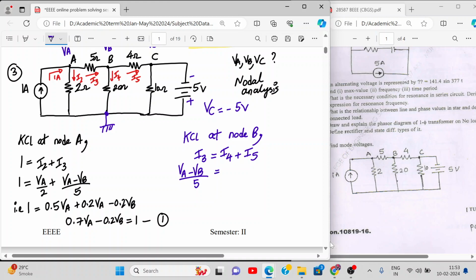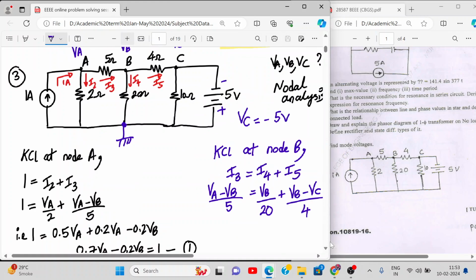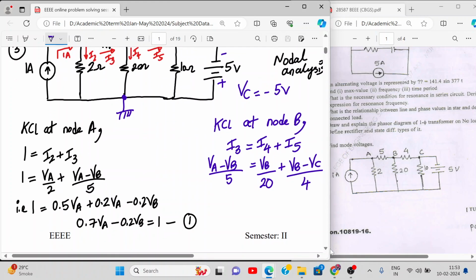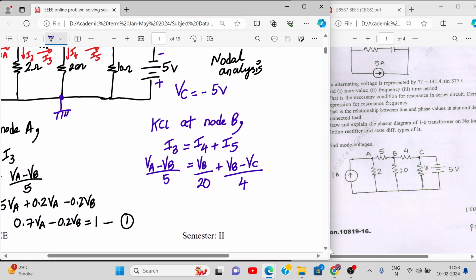I4 is VB upon 20 and I5 is VB minus VC upon 4. Okay, and what is VC voltage? Minus 5. So we'll rewrite this. This will be 0.2 VA minus 0.2 VB.